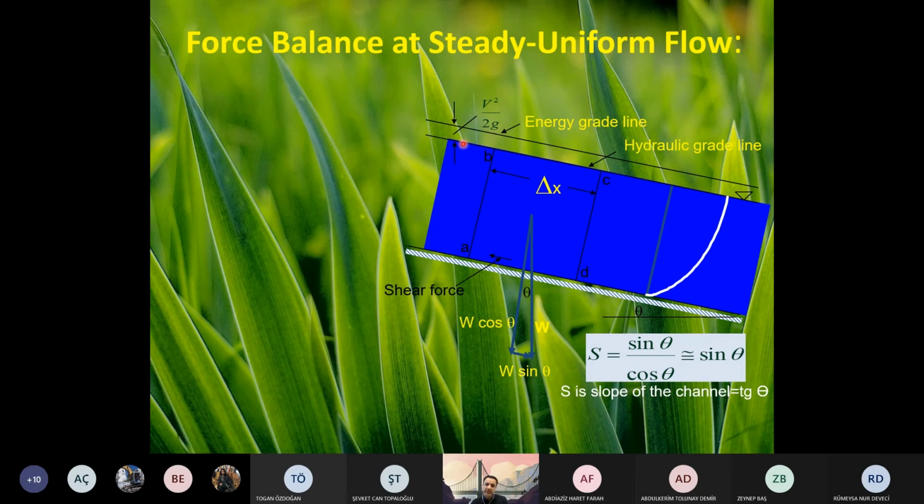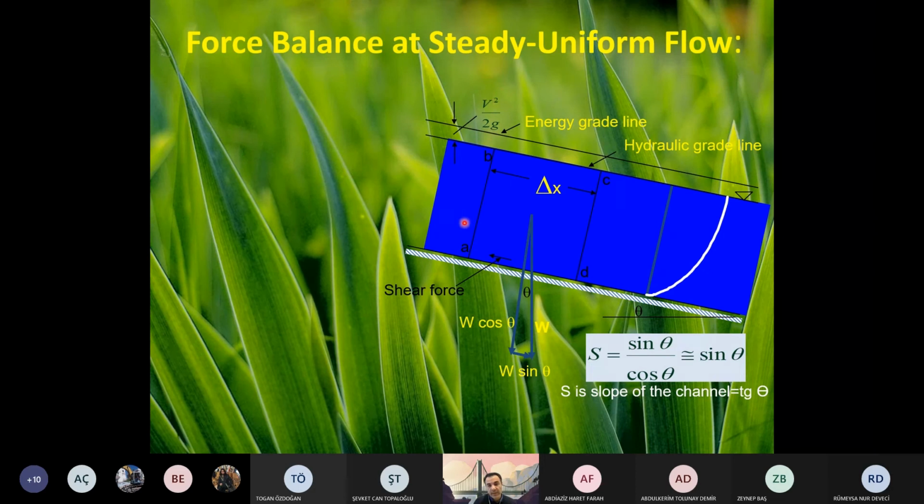And you remember that total energy was the summation of elevation plus P over gamma plus what? V square over 2G. This is P over gamma for us, depth of channel, and we have V square over 2G. What is V? For example, V here is average velocity of this cross section. Average velocity squared over 2G is called kinematic head.